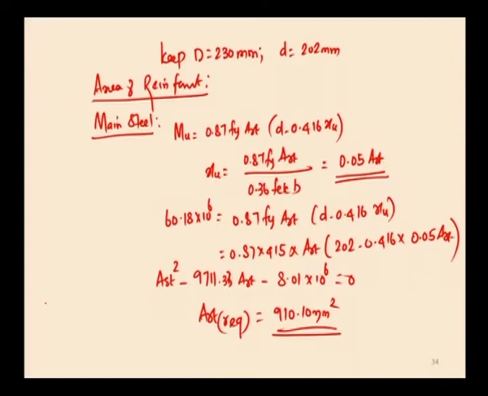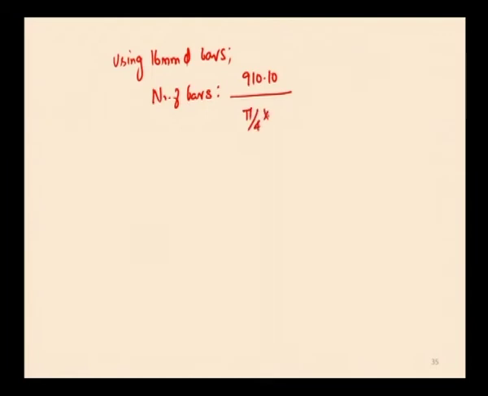Now, we have found the area of reinforcement, then I am using 16 mm diameter bar. In this case, we are finding out the number of bars, that is total area of reinforcement 910.10 millimeter square divided by area of 1 bar of 16 mm diameter, that is equal to 4.53, that may be equal to 5 numbers.